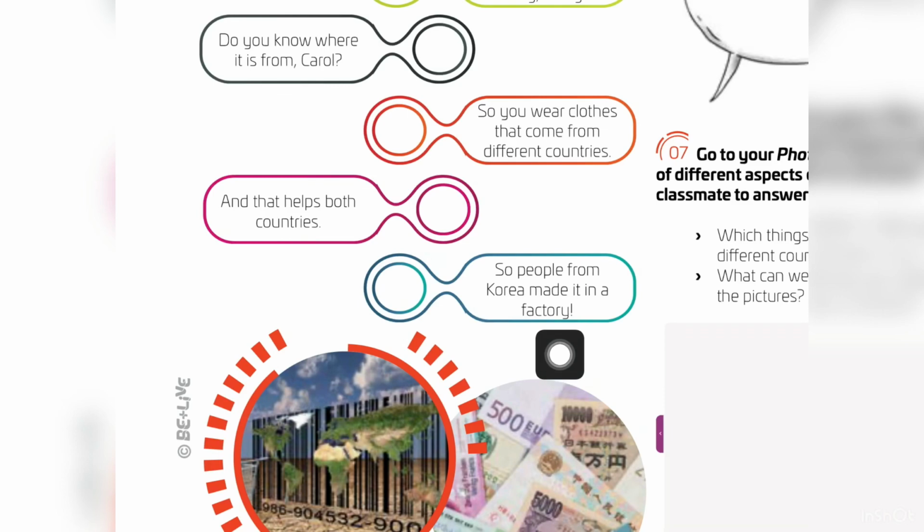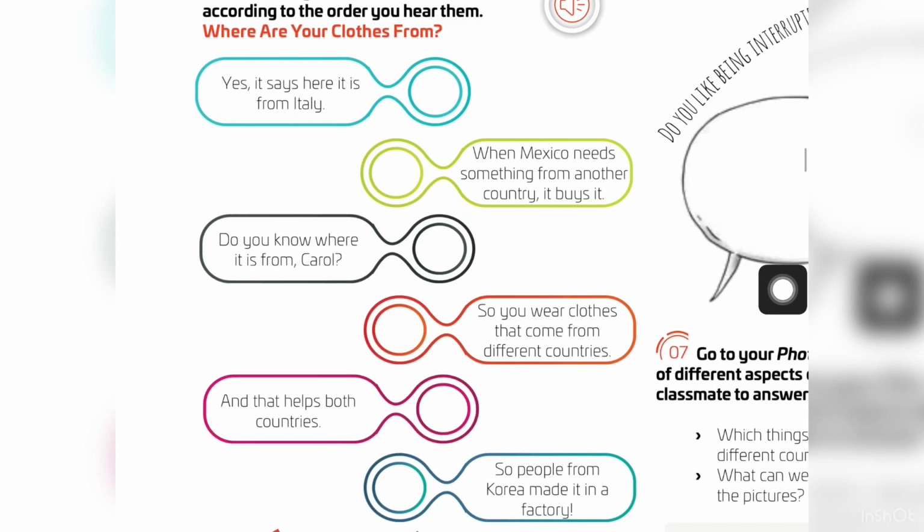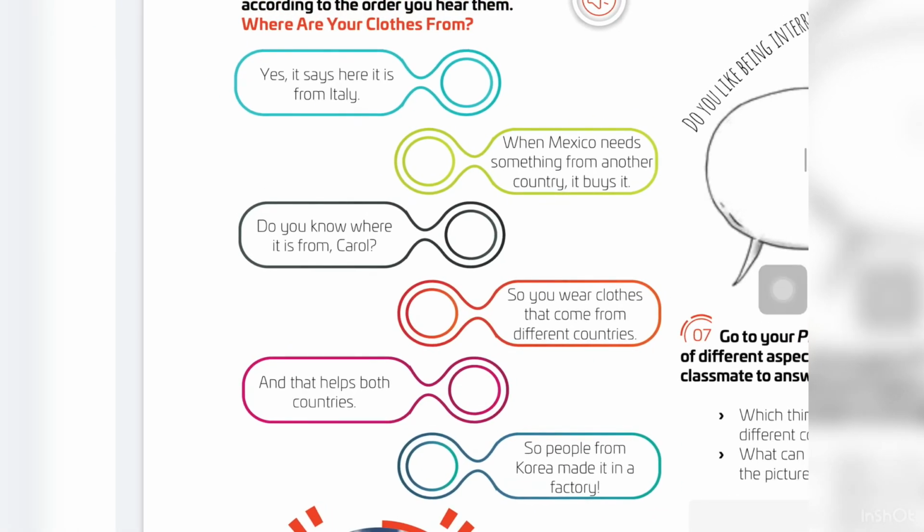People from Korea made it in a factory. So we have these different sentences, and you are going to write in these circles number 1, 2, 3, 4, 5, or 6 according to the position in which each expression was said, first, second, third, fourth, fifth, and sixth.